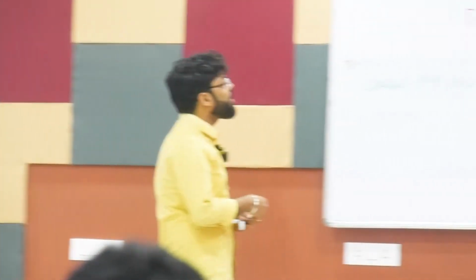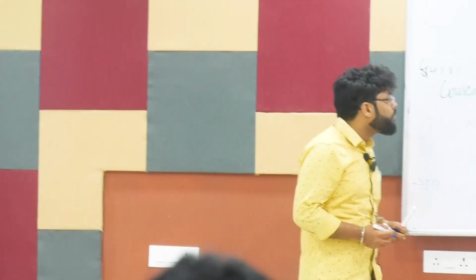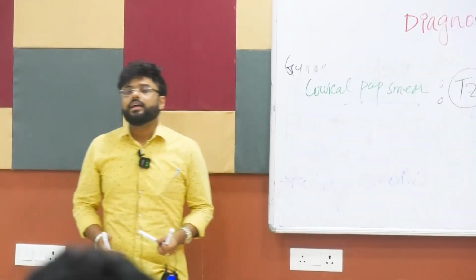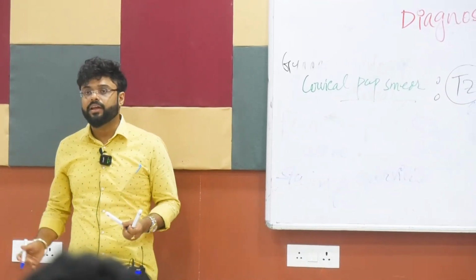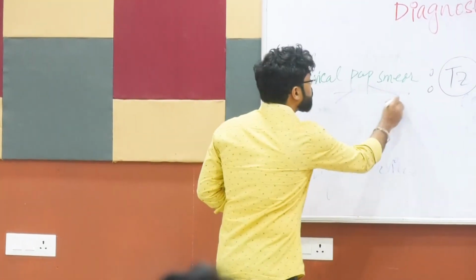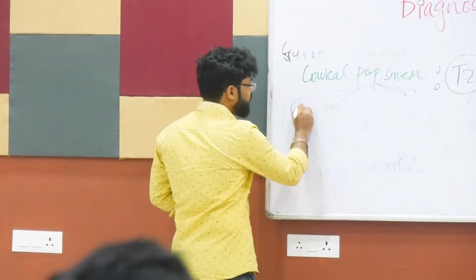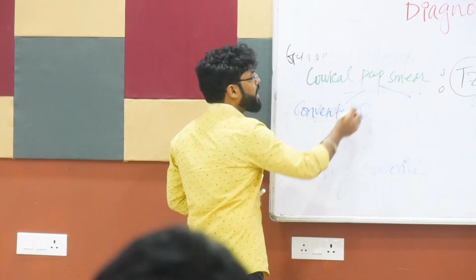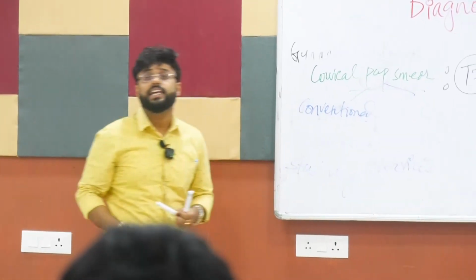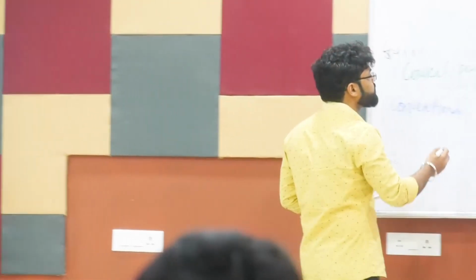What are the methods of sample collection? That is, how can we examine a smear prepared from the cervical material? The method could be of two types. One is the conventional type, the conventional Pap smear. Why is it known as Pap? Because the stain used is Papanicolaou, and the short form of Papanicolaou is Pap.